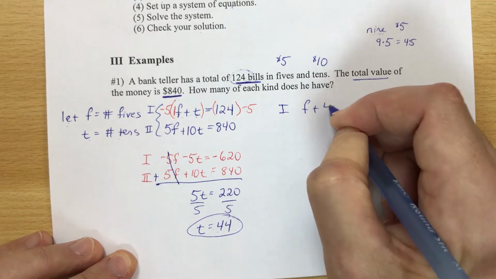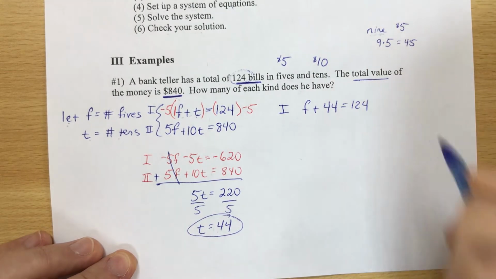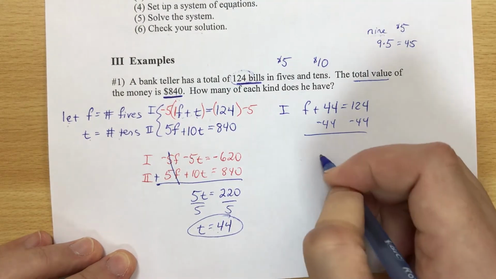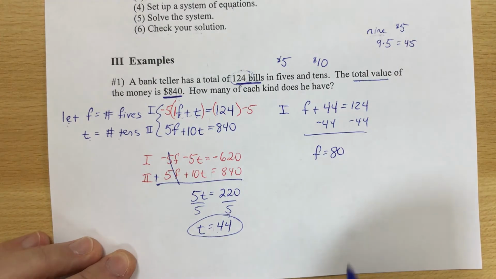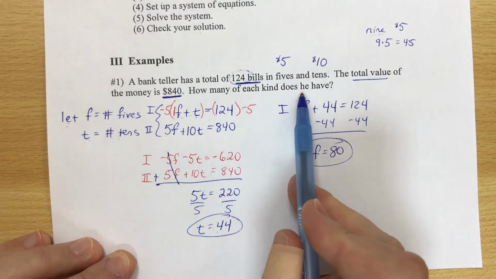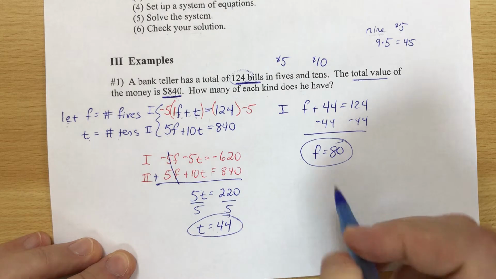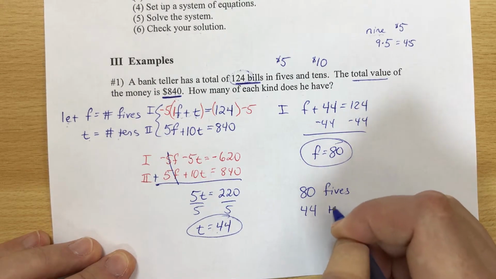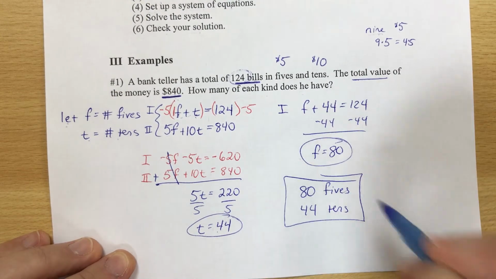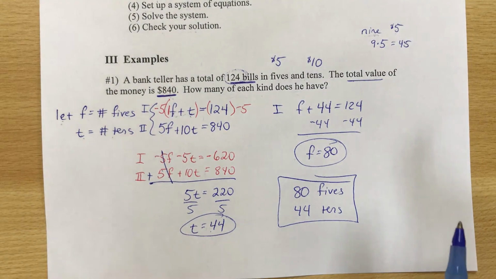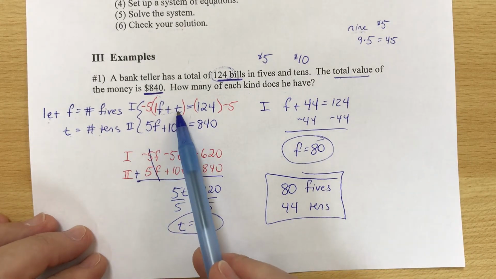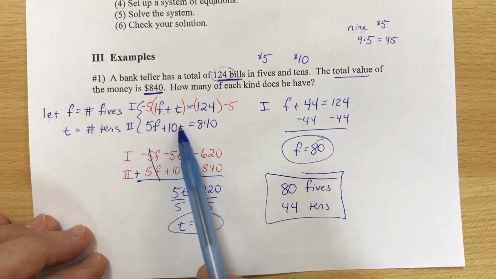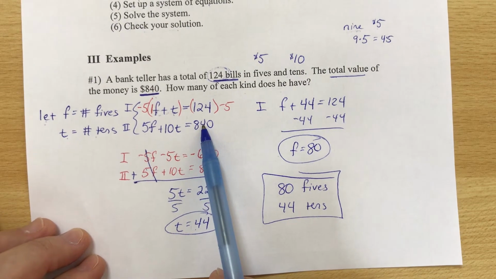F plus T equals 124. Well, that's easy enough to solve. We just subtract 44. F is 80. How many of each kind of bill does he have? 80 fives, 44 tens. Now if you plug it in, 80 plus 44 is 124, check. 5 times 80 plus 10 times 44 gives us the value of the money, check.